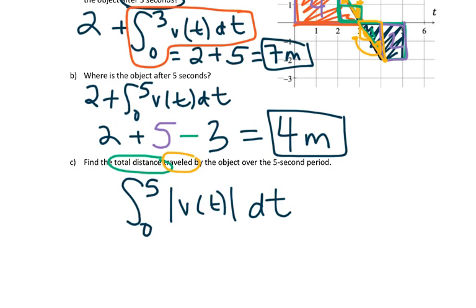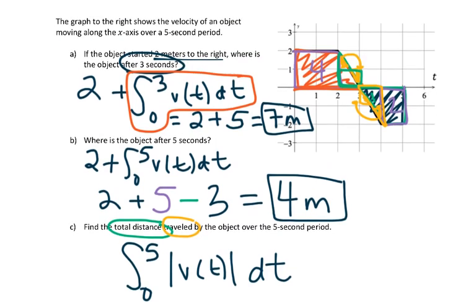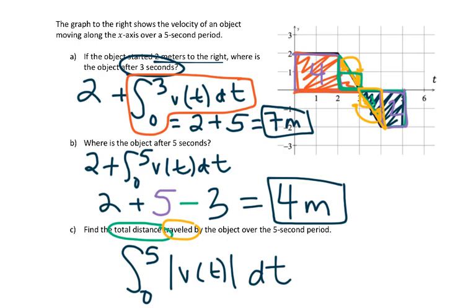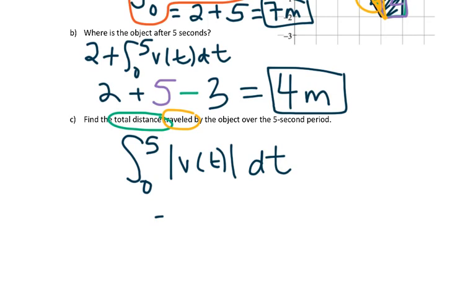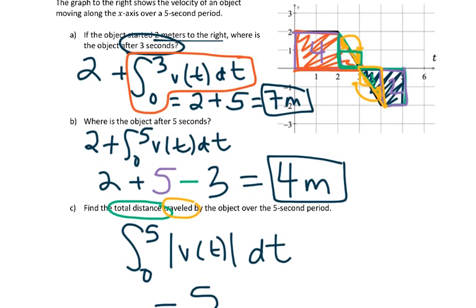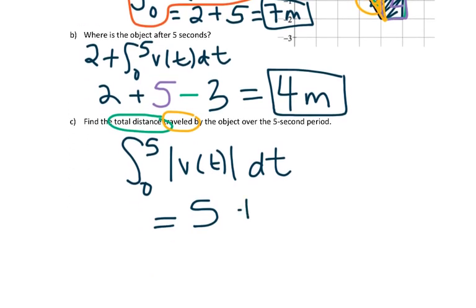From this picture, which we've already done in parts A and B, from 0 to 3 we had 5. And then from 3 to 5, we had that area of 3. Notice now it's a plus, because we're looking at the total distance traveled. The total distance together gives me 8 meters.